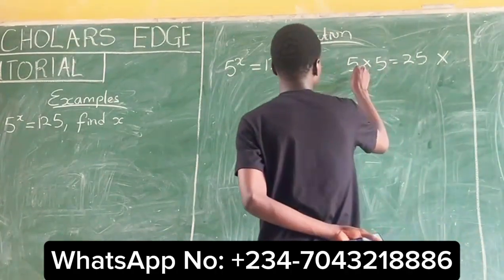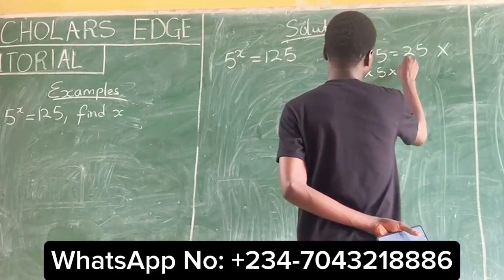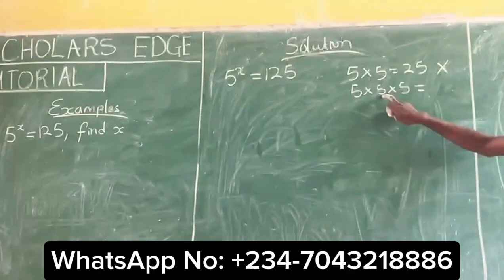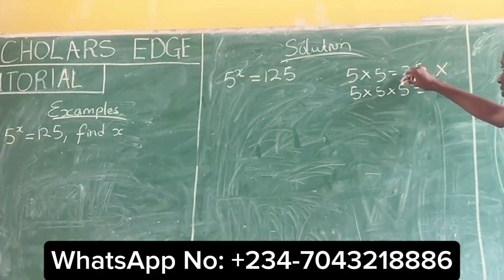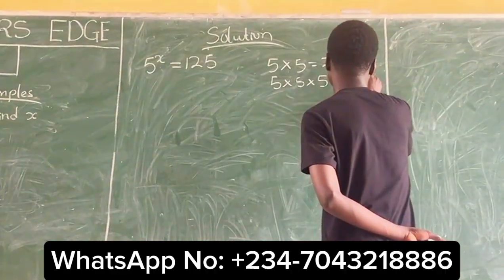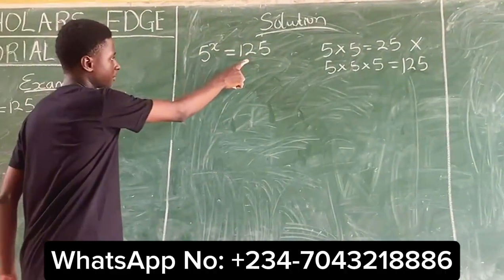Now we do 5 times 5 times 5. So 5 times 5 is 25, 25 times 5 is 125. And you can see here we are having 125.